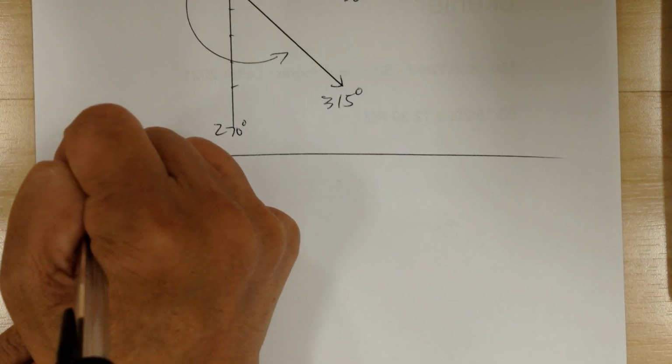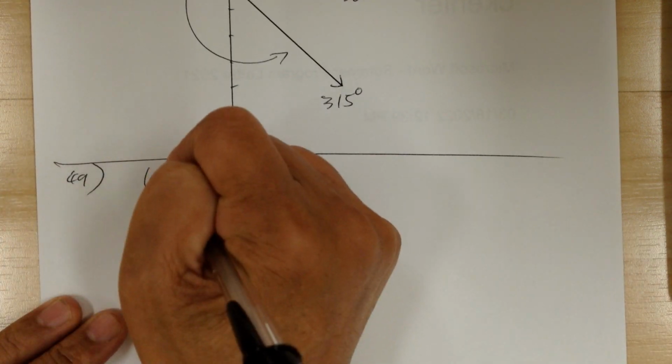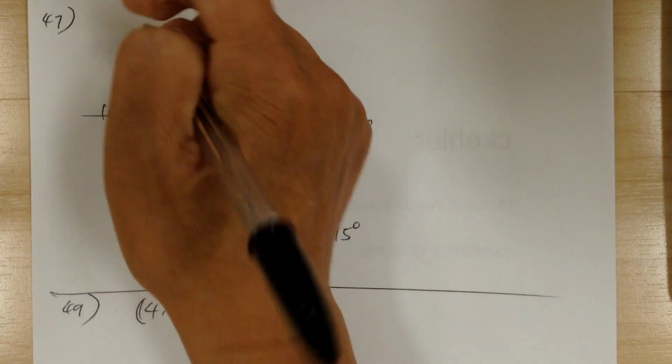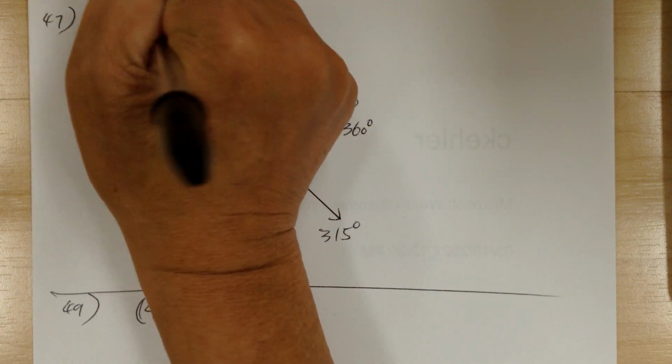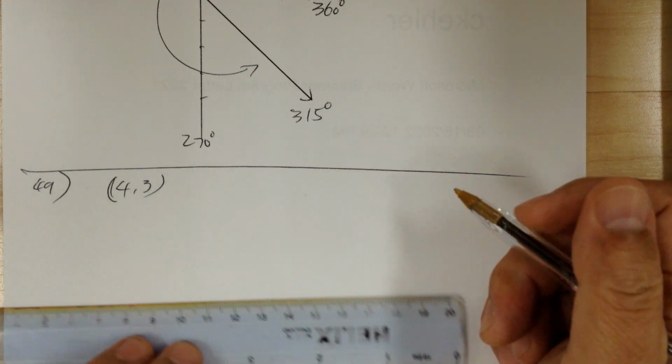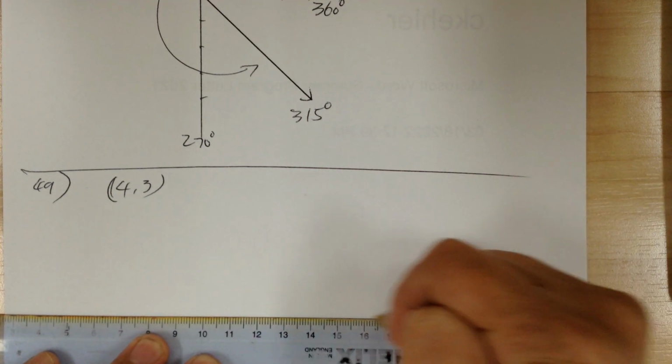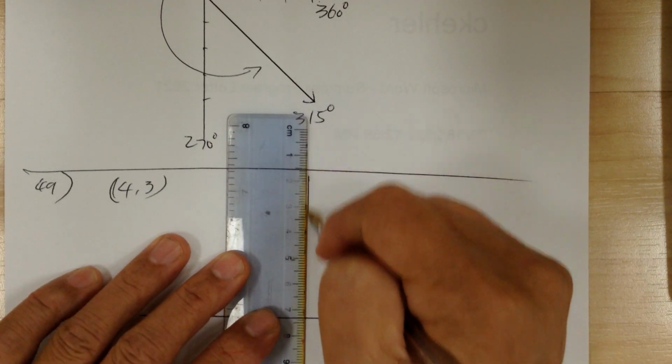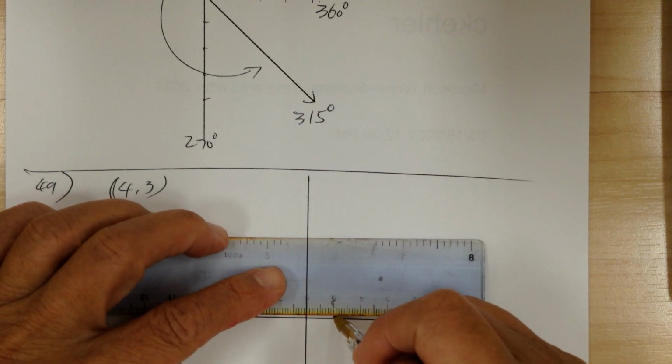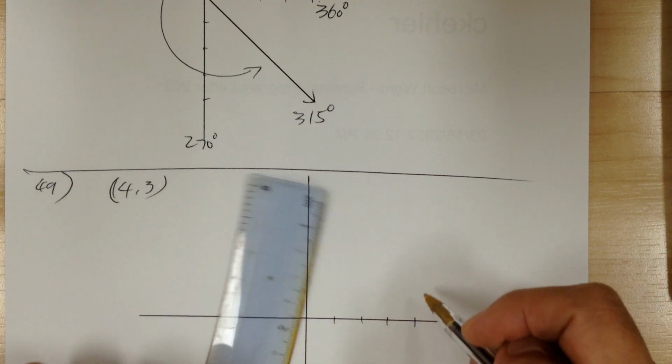Okay, number 49. You got 4, 3. Okay, so you got 1, 2, 3, 4.